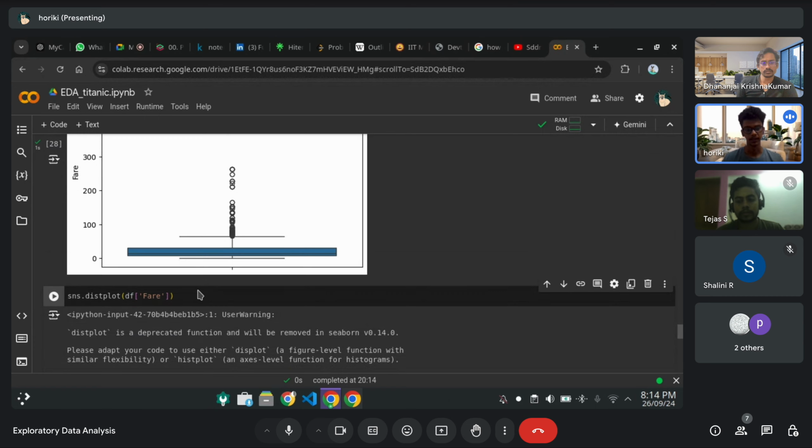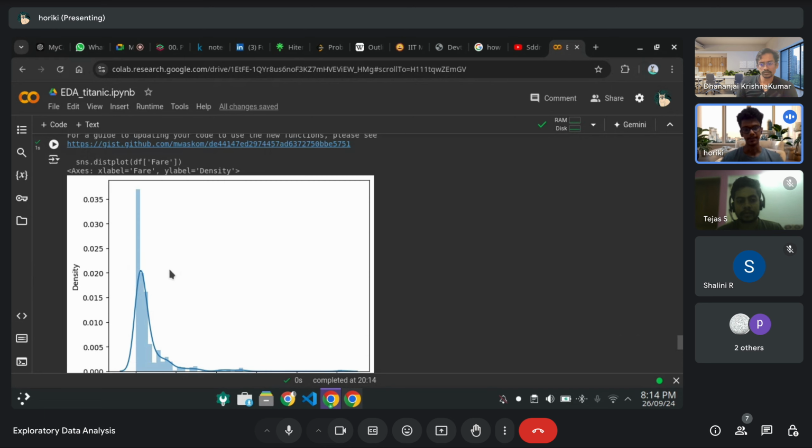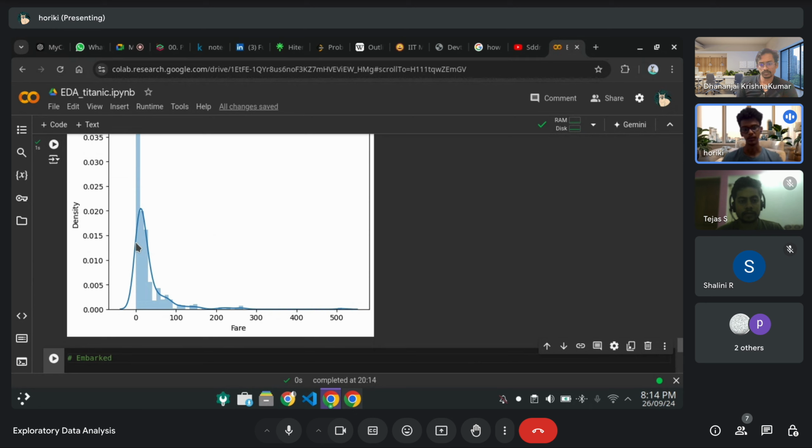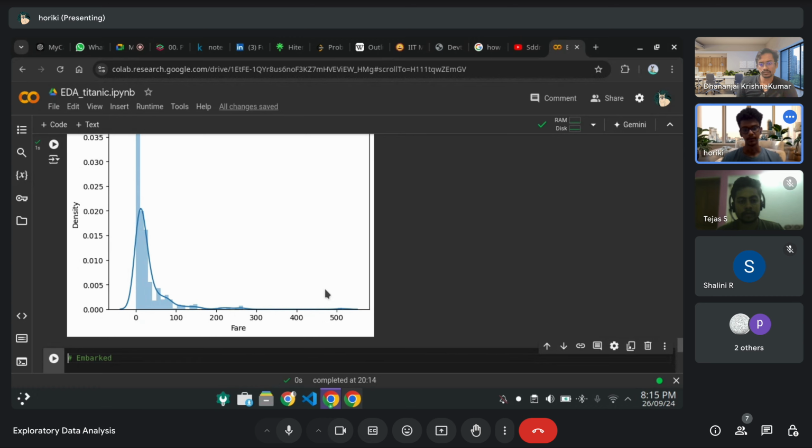And if you look at the histogram plot, the fare is actually right skewed. It means that more people actually paid less to get in.